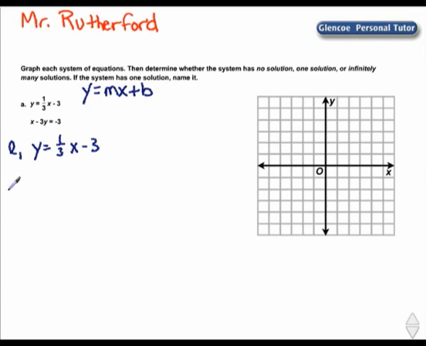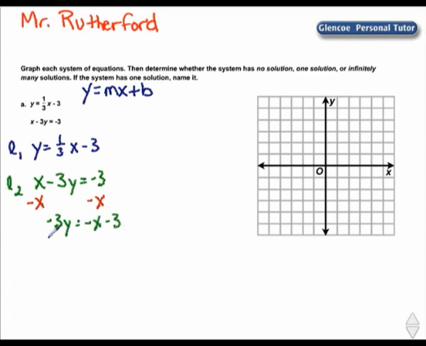Now our line 2, which is written x minus 3y equals -3, we need to rewrite into slope-intercept form. To do that, I first need to subtract x from both sides of the equation. And so I'll have -3y equals -x minus 3.